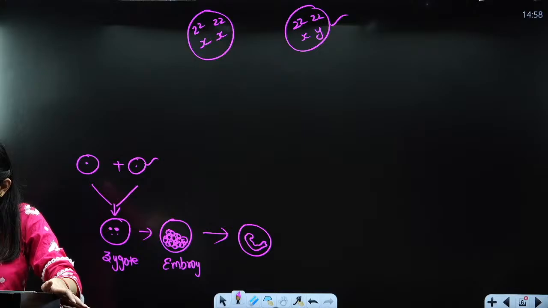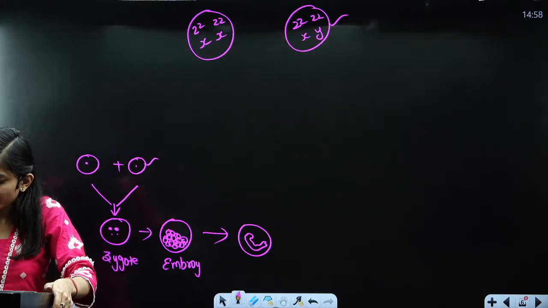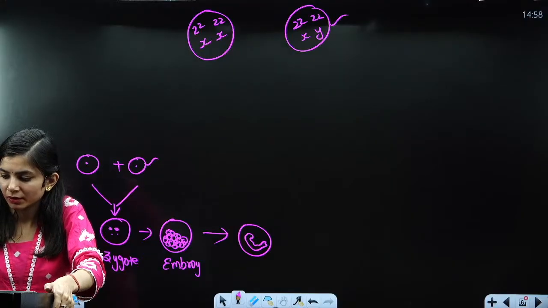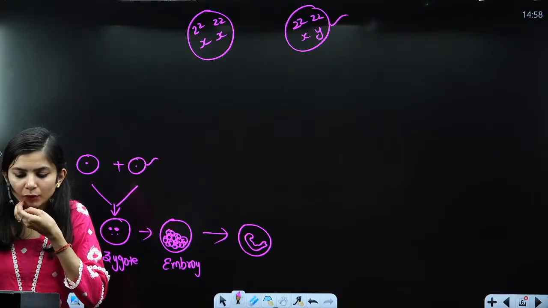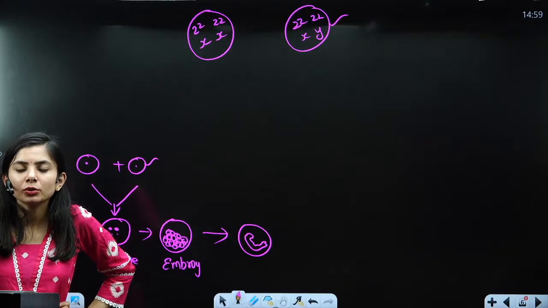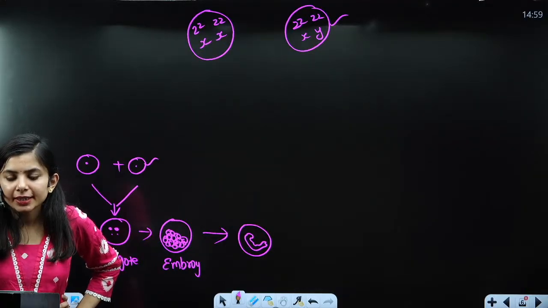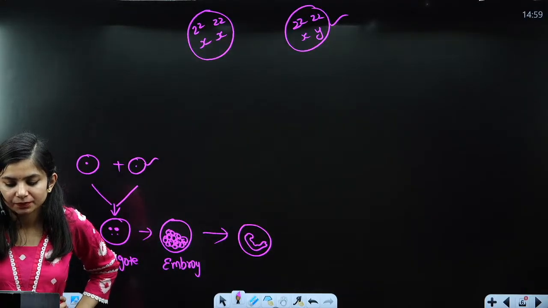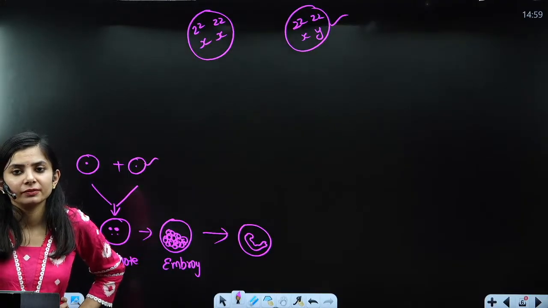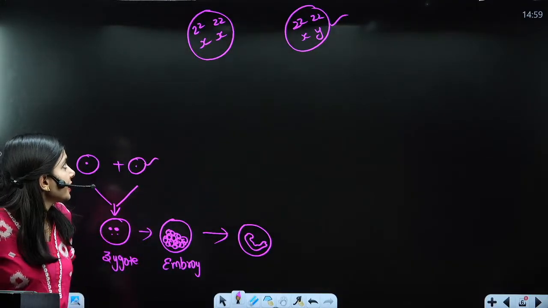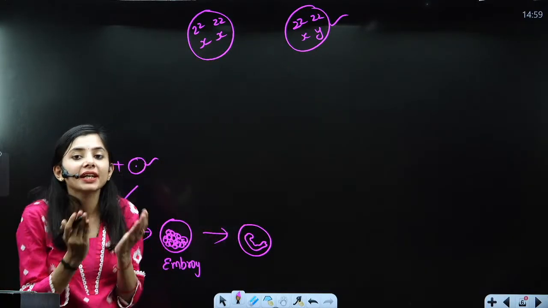Understood? Yes or no? Okay, now what you need to know is that there is one process. This process is called disjunction. Disjunction means these are being separated.